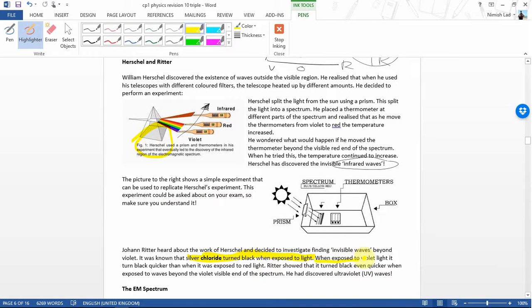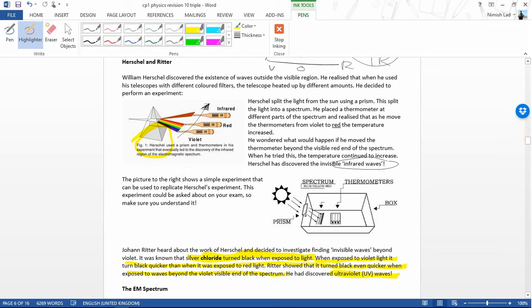When exposed to violet light, it turned black quicker. Ritter showed it turned black even quicker when it was exposed to light beyond the violet end of the spectrum. So that's where he actually discovered ultraviolet. That silver chloride turned black very quickly beyond violet, so that's how we discovered ultraviolet.